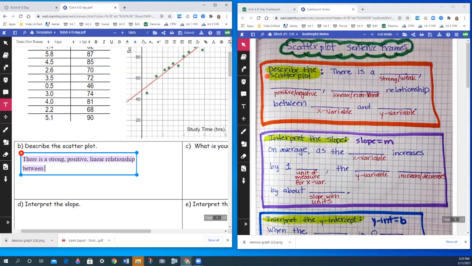So there's a strong positive linear relationship between the number of hours studying and the score on a test.